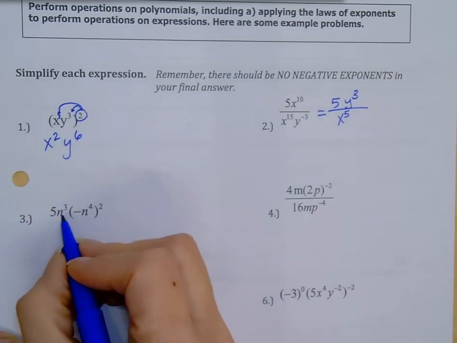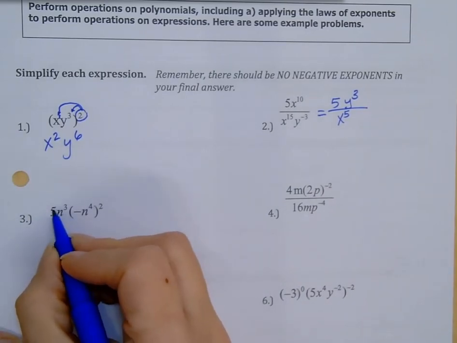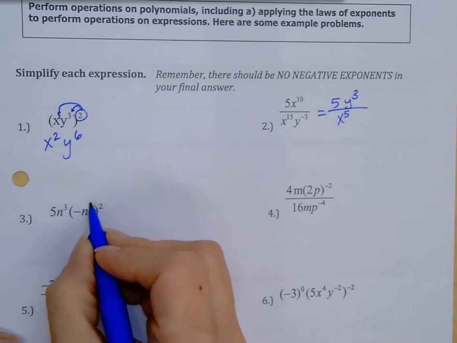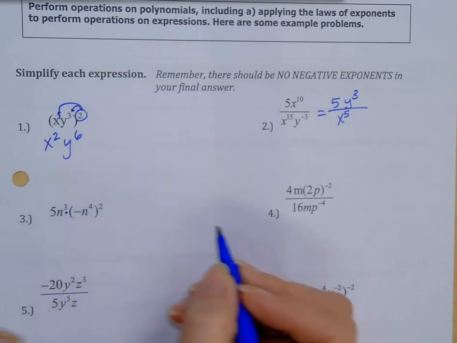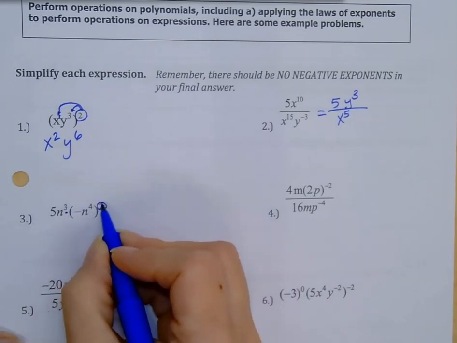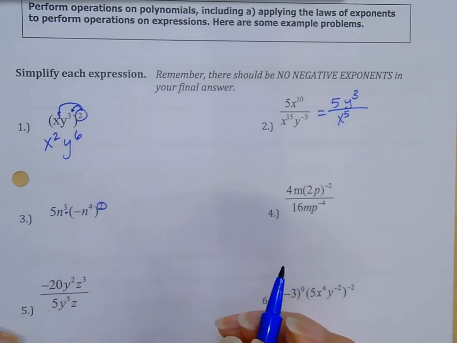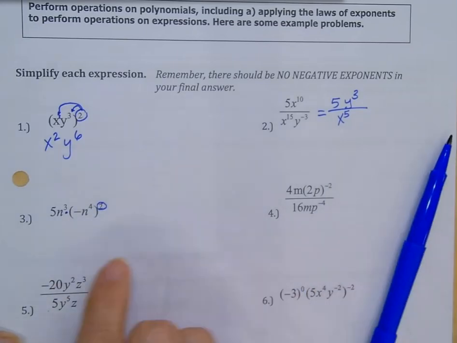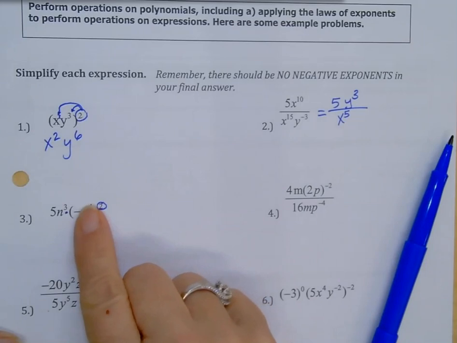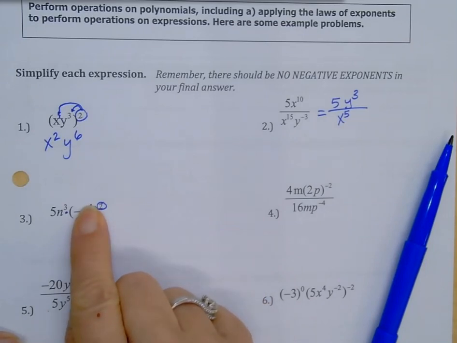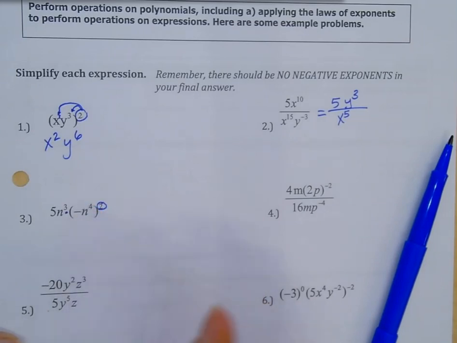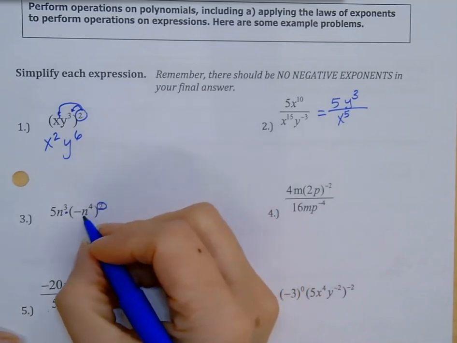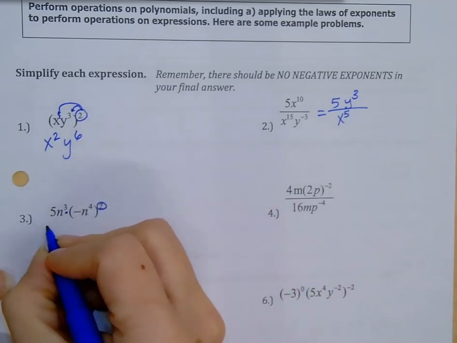All right, remember that with number 3 here, we have 5 times n to the 3rd times all of this. So I need to distribute this outer exponent first. But also remember that if negative 1 is in parentheses and I square it, then it's going to become positive. So I'm going to rewrite this so that you can see what I'm saying.